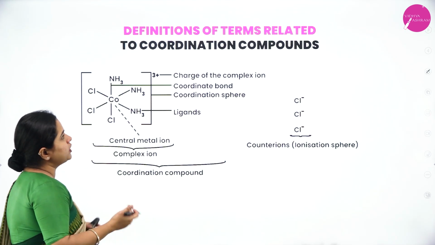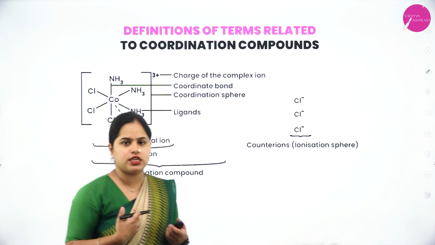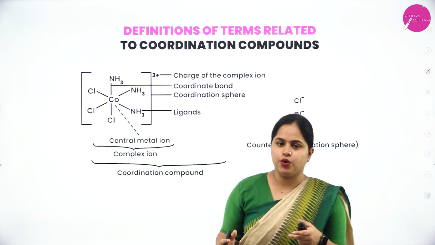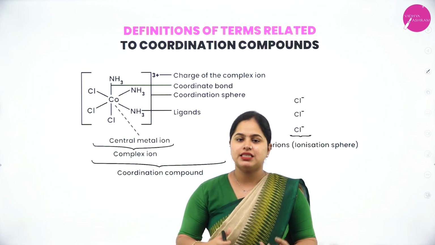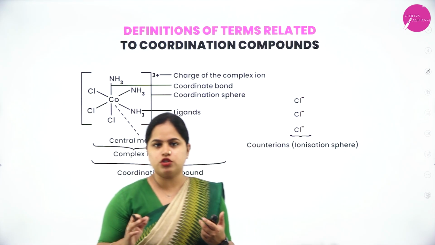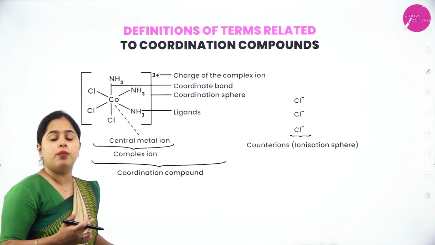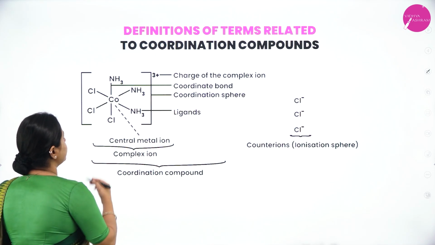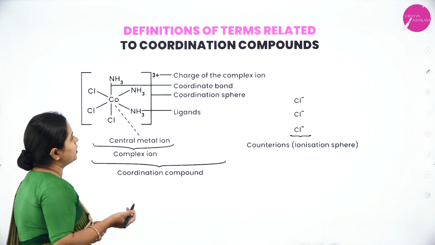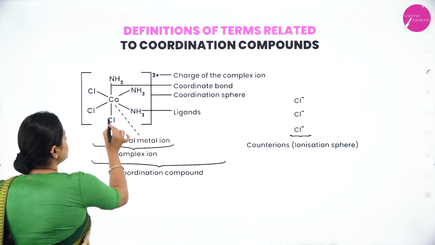Now moving on to the definition of terms related to coordination compounds. As I told you, as it is a completely new topic, we are going to start with the basic terms, then we'll move on to the details. The first one, as discussed already, is that in a coordination compound there will be a central metal atom. The example we have taken is [Co(NH3)3Cl3].